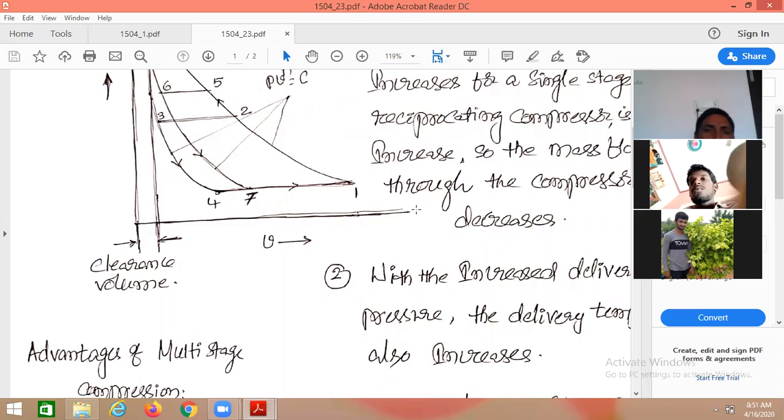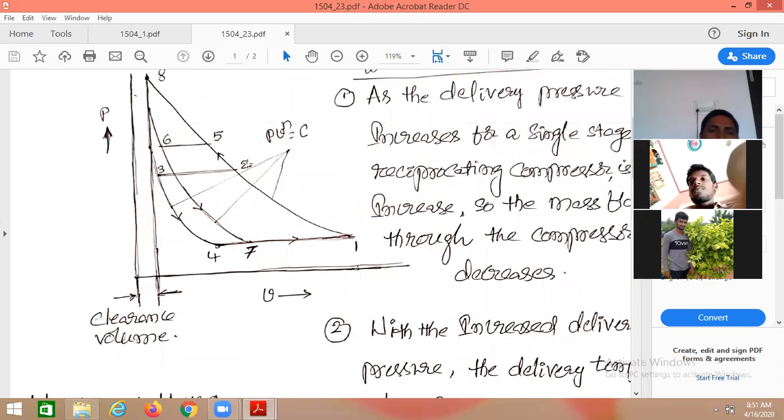In the first case, this is 4 bar and this is 1 bar, so the pressure ratio is lower. In the second case it is medium pressure, and in the third case very high pressure ratios. As the pressure ratio increases, the quantity of fresh air entering the cylinder decreases. What is the reason?